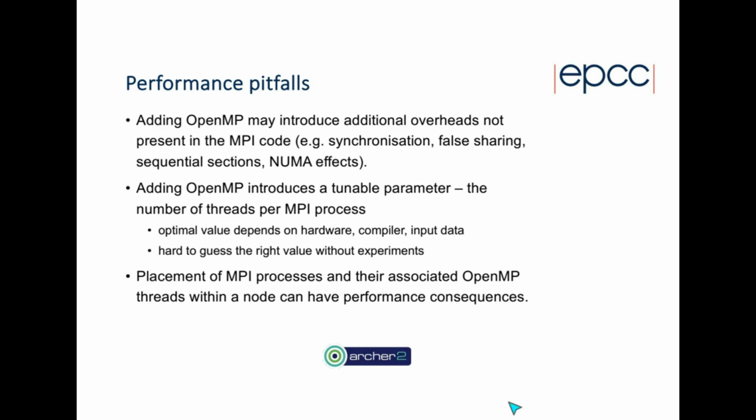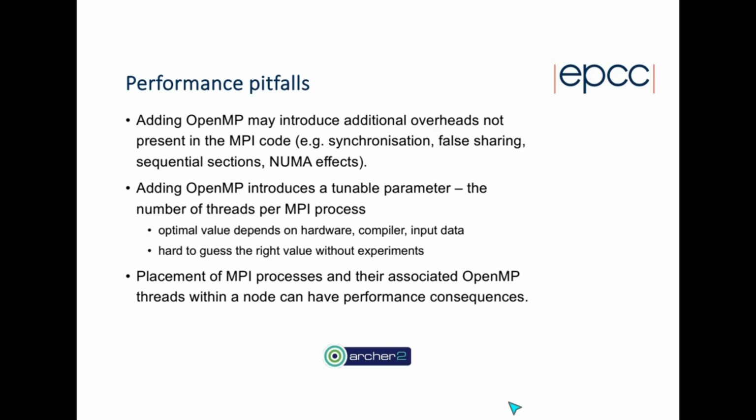It's generally speaking hard to guess the optimum value without just running some experiments. It's hard to say a priori, okay, I know that 4 OpenMP threads per MPI process is going to be optimal. How do you know?